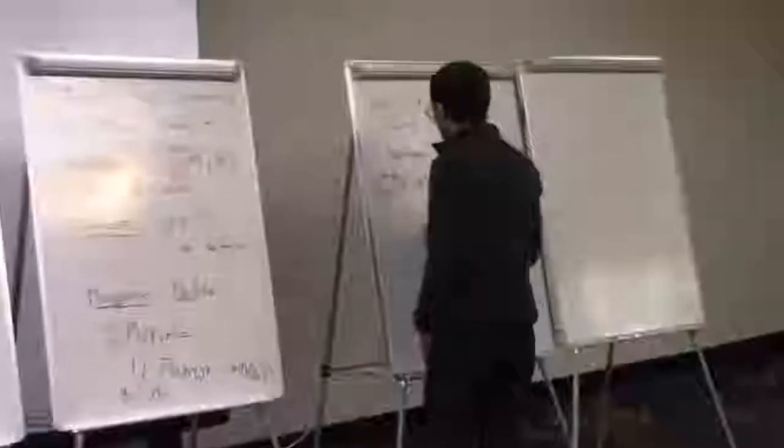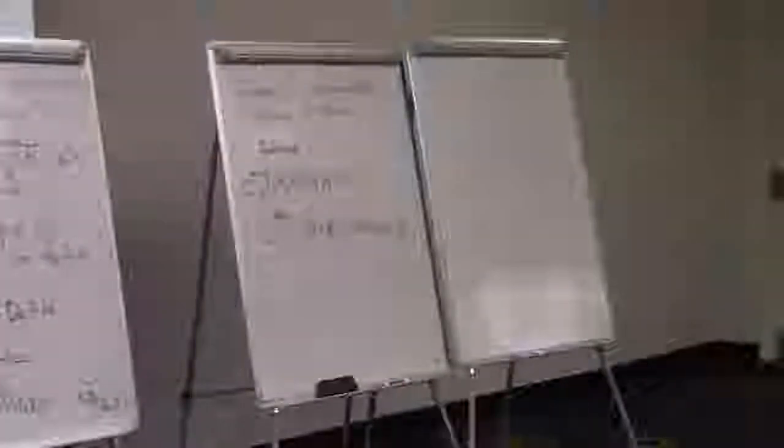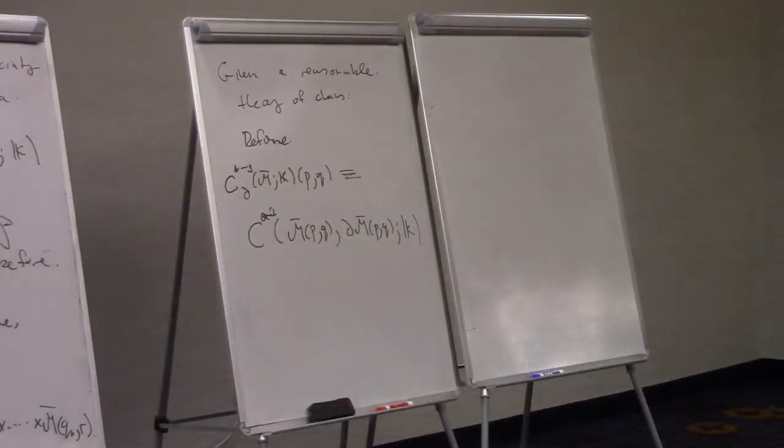Okay, and if you have such a boundary, and if you have a reasonable theory of chains, you can then define the object, the morphisms of this category here, evaluated on the pair PQ to just be, and this is just notation, cochains again with shift by 1, n bar PQ, rel its boundary, with coefficients in K. So right now this is just some definition of some K-modules that are associated to these spaces together with this boundary.